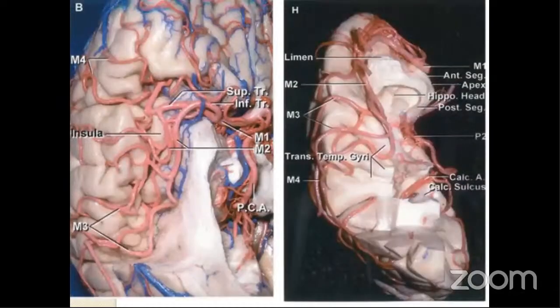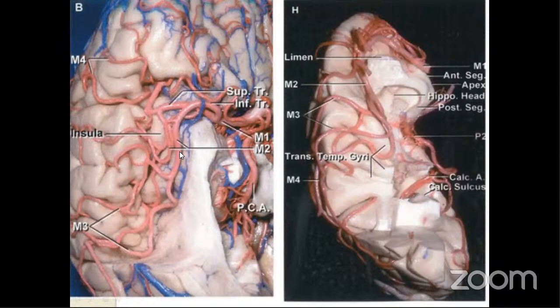So this is another image in which we can see the M1 segment arising from the ICA going laterally, and it takes a curve at the genu and goes further towards the insula, and this segment is known as the M2 segment.